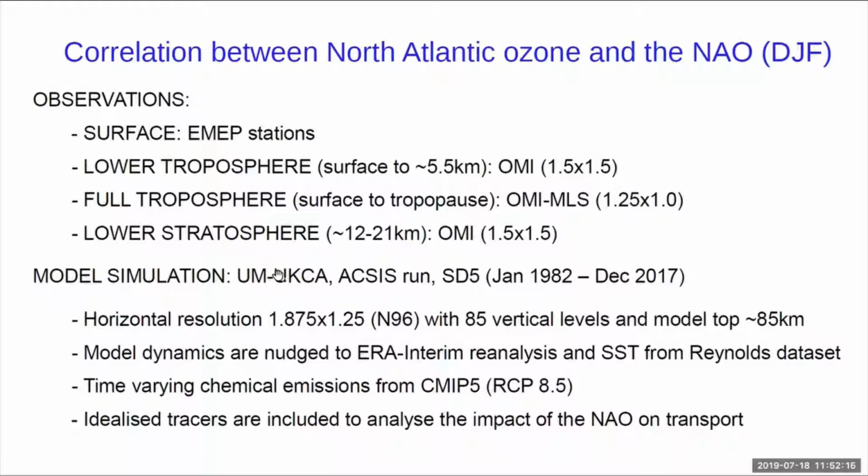I believe this is the same version that is currently used in UKESM. The thing to note in terms of model simulations is that we use model dynamics nudged towards ERA-Interim reanalysis. So this makes the comparison to observations a bit more significant. And also we're going to use some idealized tracers that will help to diagnose transport in the model.